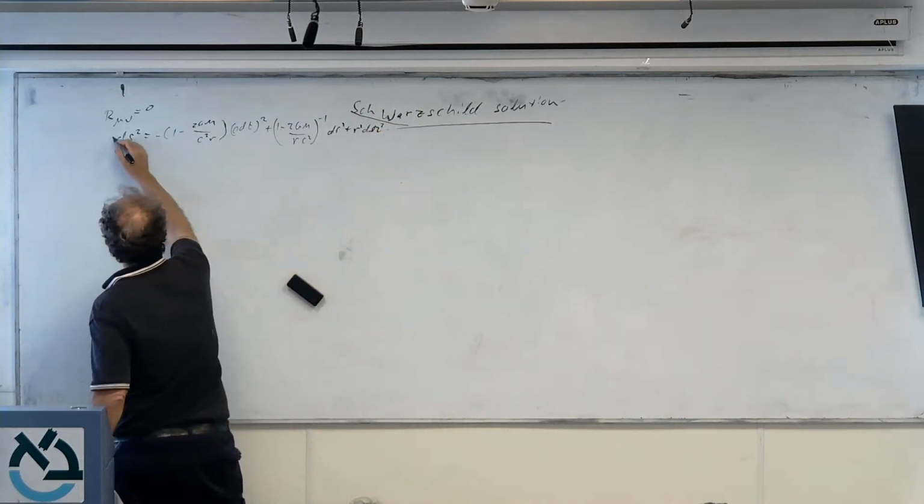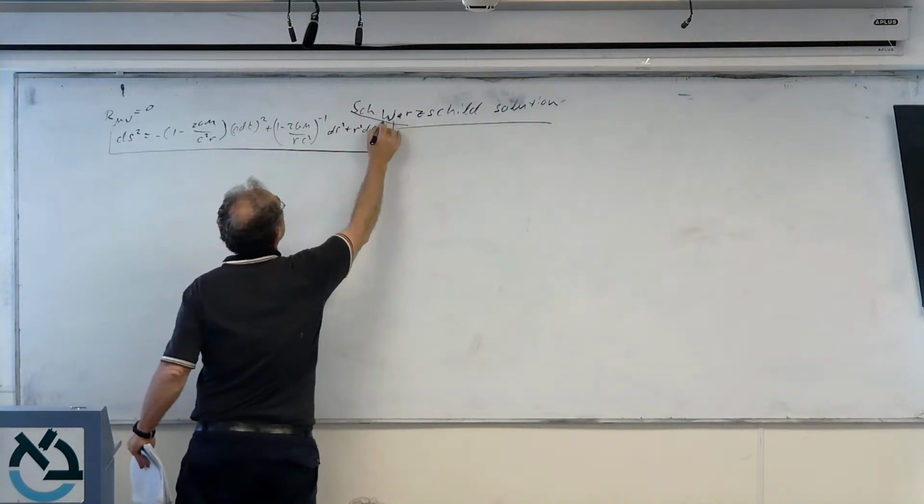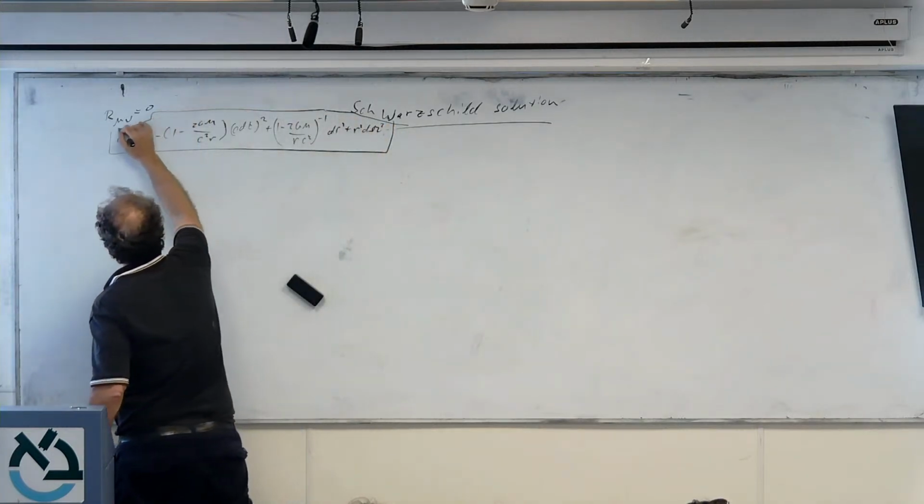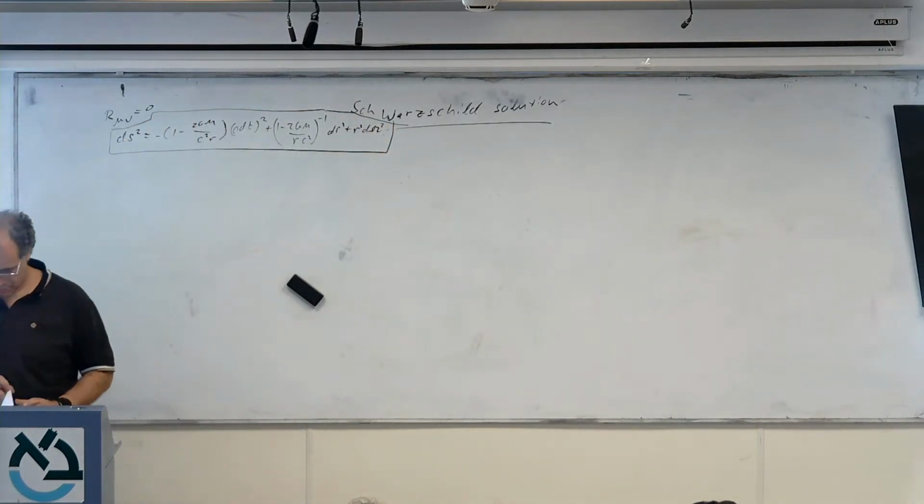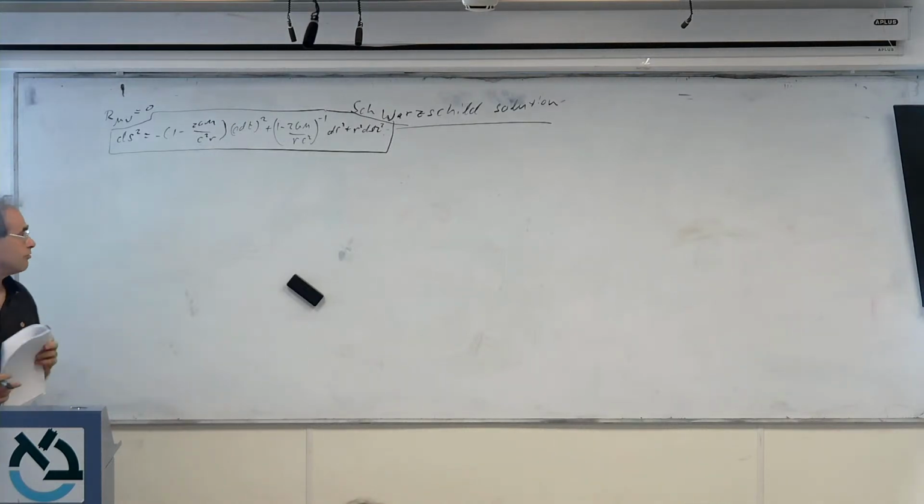This is the Schwarzschild metric. Then we discussed the singularities, and then we discussed motion of particles.